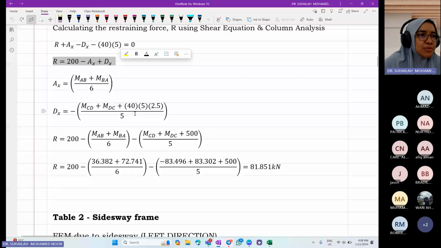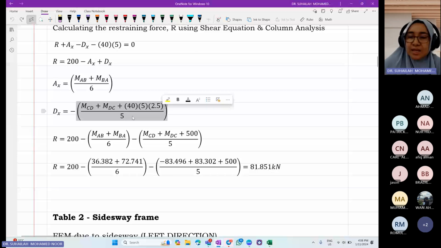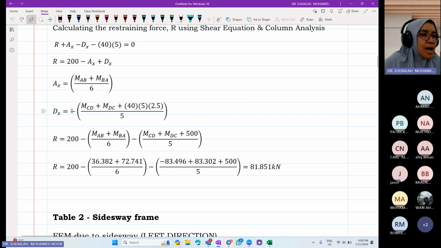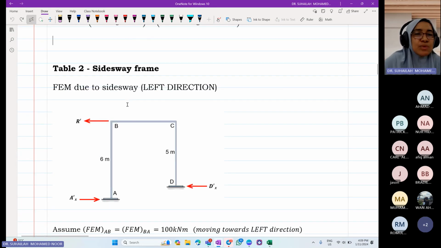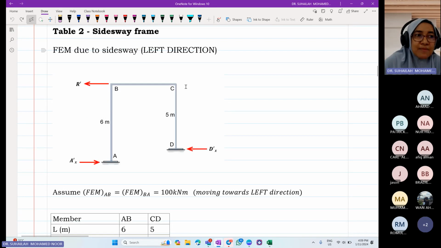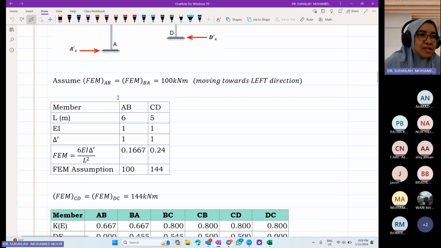So in column analysis, when we calculate column CD, we also have to include the UDL. So it is not standard either. If the question has no UDL or point load on member CD, it can become one standard solution, but when there is any extra load, you must include that extra load in the calculation. So we get the R value here. Okay, sidesway frame, left direction, R points to the left. R prime points to the left. Same assumption as before.